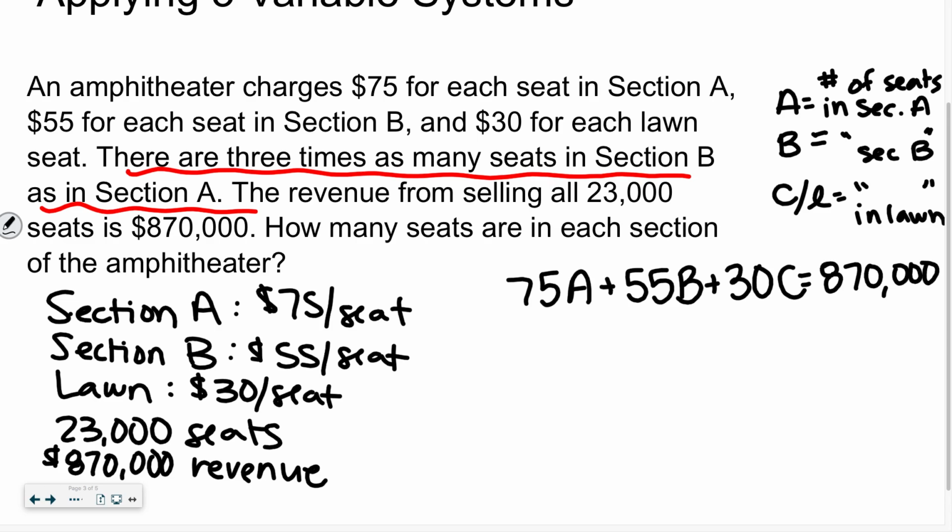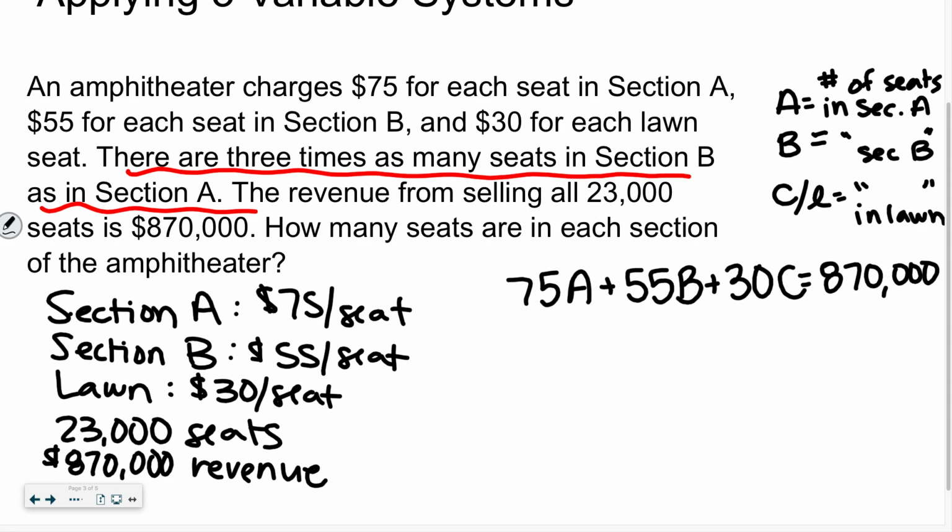Okay, so look at all the numbers that appear in Van's equation, 75, 55, 30, 870,000. All of those numbers have to do with the same thing, which is money, right? It's all about the money. 75 represents how much I get for every single seat in A. So if I only sell one seat in section A, I only make $75.